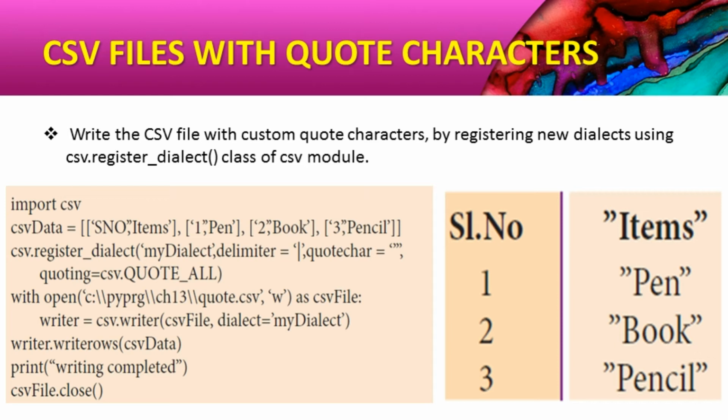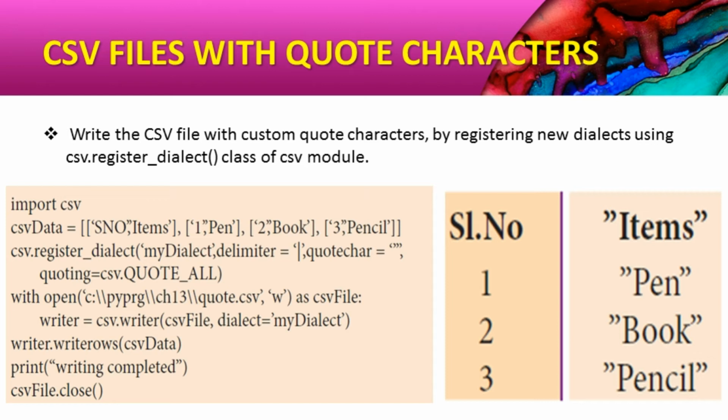Next we are going to open a file by using the statement with open. Next we are going to write each and every row by using the writer syntax. Writer is equal to csv.writer, csv file, comma, dialect is equal to my dialect. That is the parameter which we are going to write. writer.writerows of csv data.